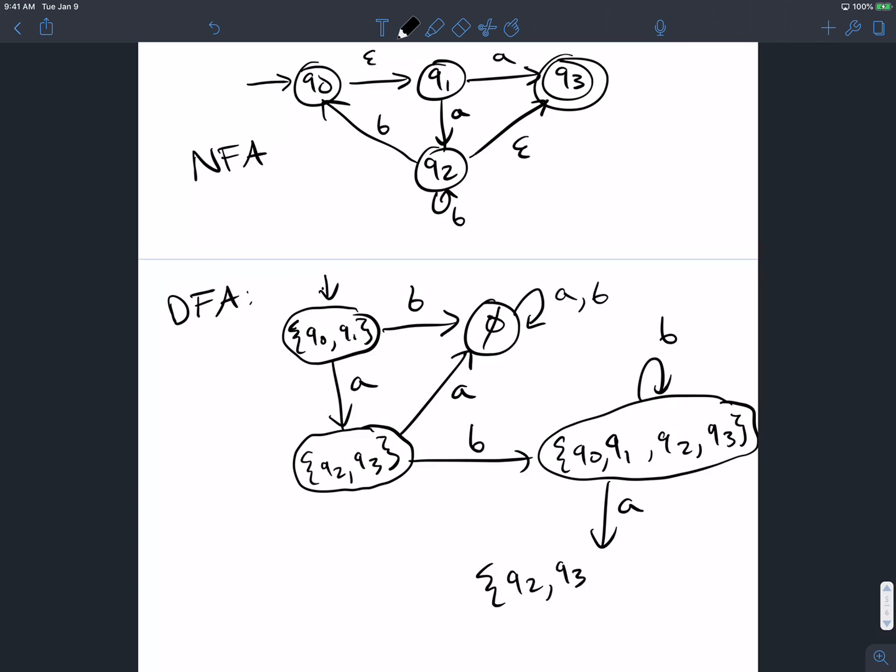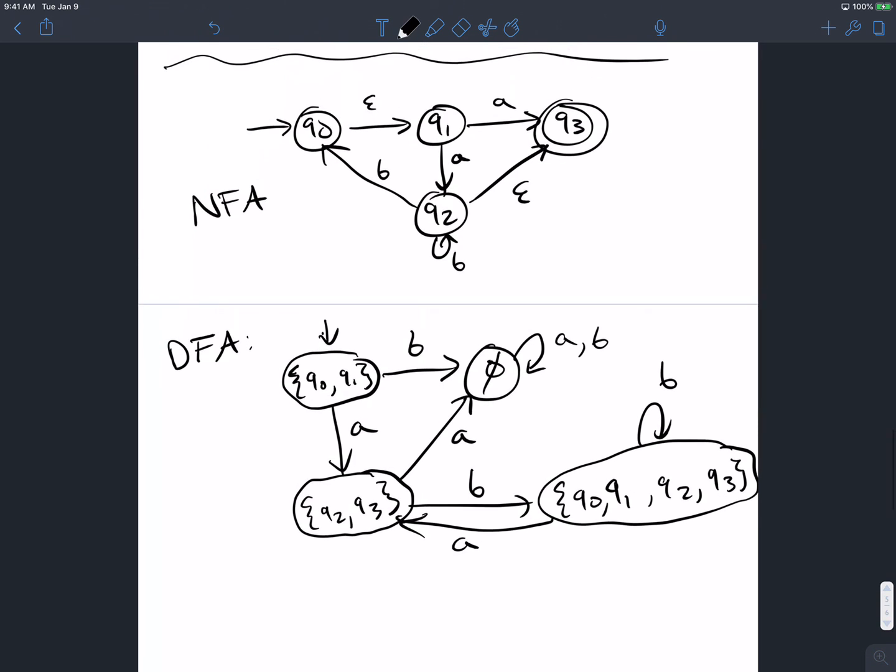Nowhere. 3 on A. Where does it go? Nowhere. So what is the epsilon closure of 2 and 3? Can I get anywhere else from 2 and 3? No. Do we have a state already called 2, 3? Yes. So in fact, we can close off all paths like this.